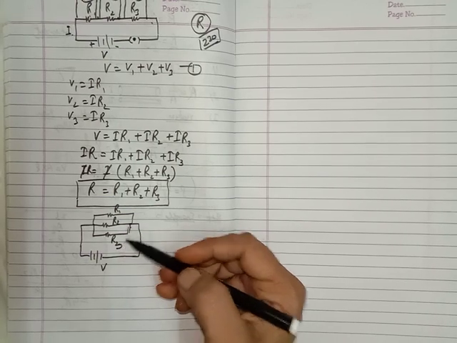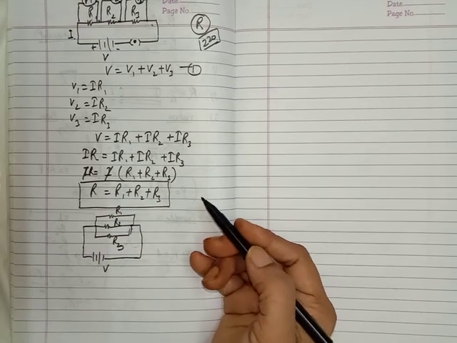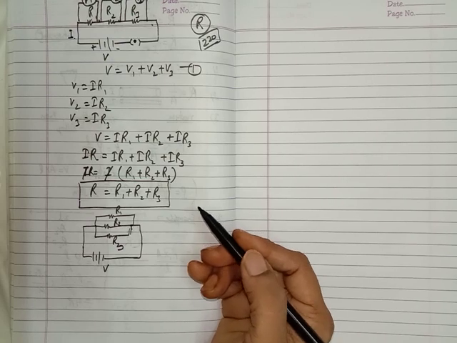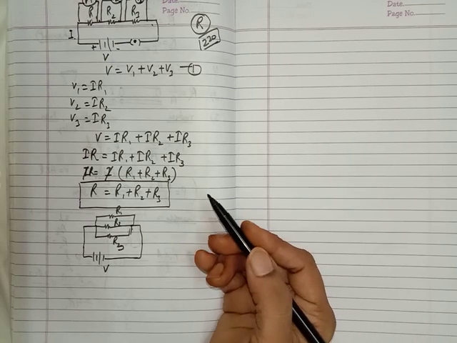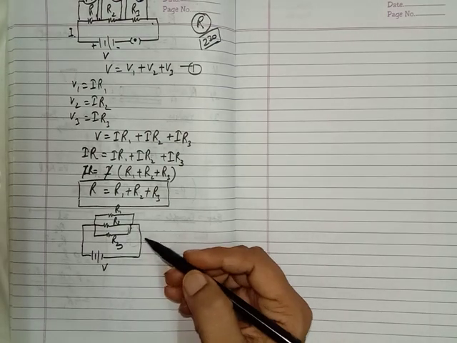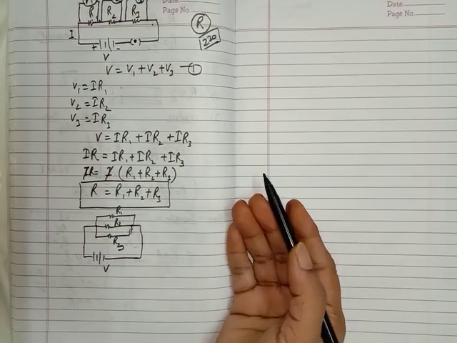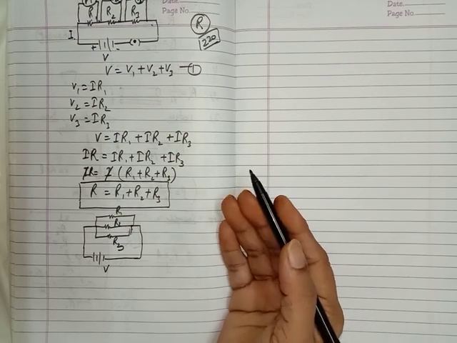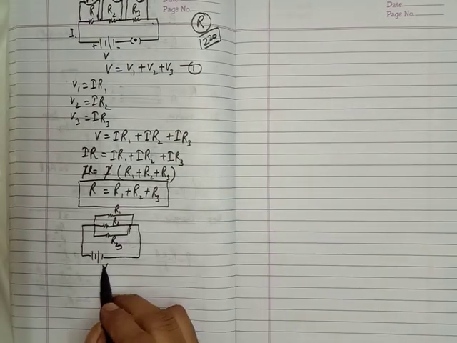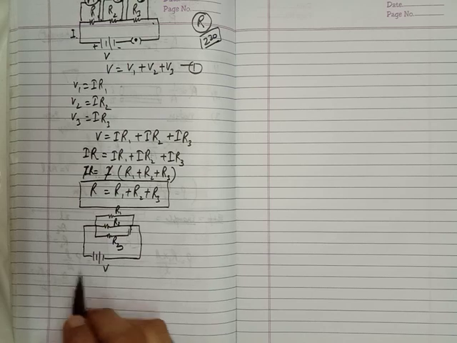If we connect our bulb, TV, fan and other appliances like the fridge in a parallel combination, all these appliances will get 220 volts. So this is the important thing about the parallel combination.